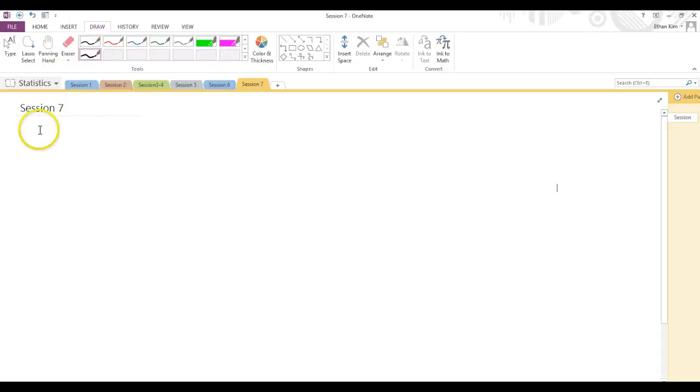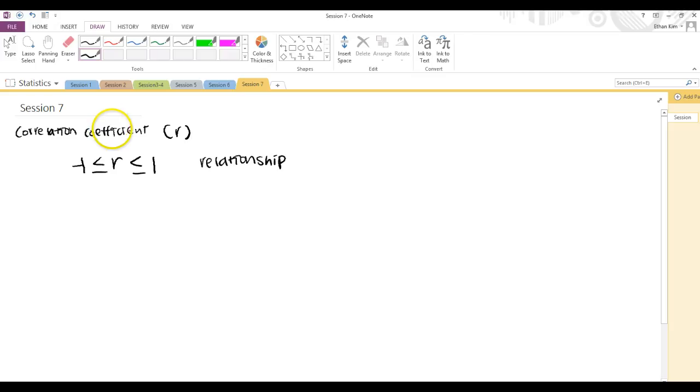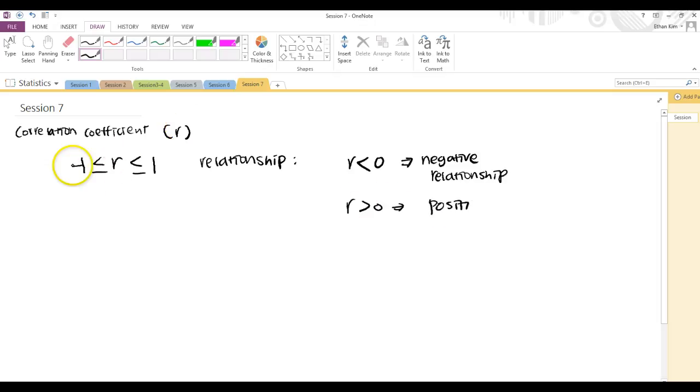When we're talking about the correlation coefficient, it is notated by R. R is always greater than or equal to -1 and less than or equal to 1. When we're looking at just a relationship, when R is negative, that means there is a negative relationship, and when R is positive, there is a positive relationship.